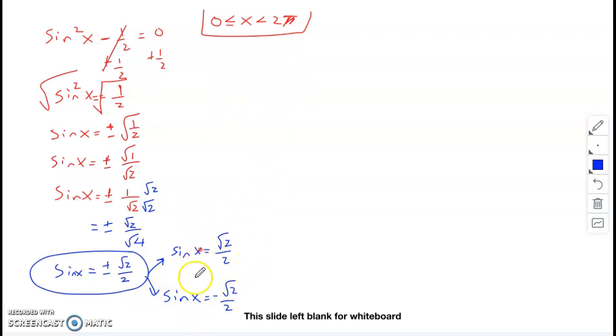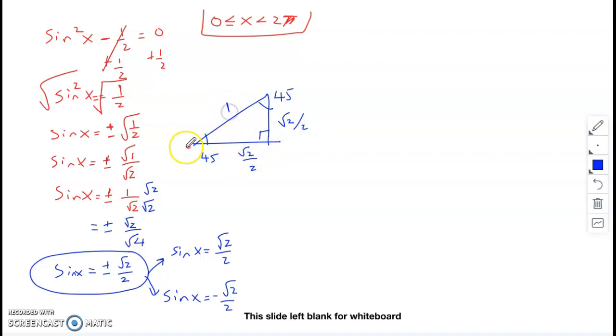Well, the whole idea is, what's the angle x where the sine is equal to square root 2 over 2? In our case, this is going to be a 45 degree angle, 45, 90 triangle. The sides are square root 2 over 2 and square root 2 over 2.